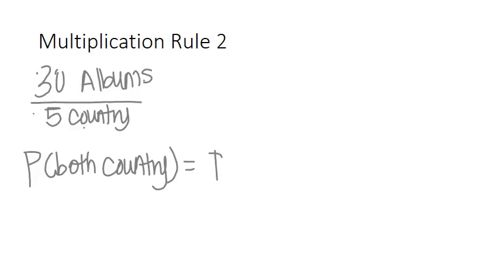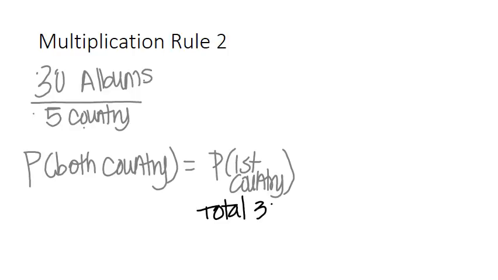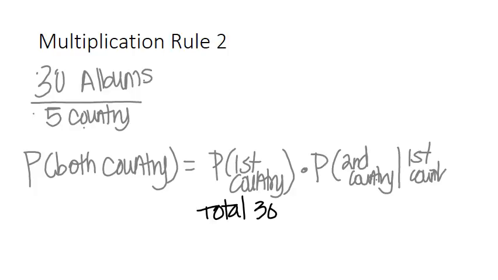So you have the probability that the first one is country, and that one has a total of 30 choices, times the probability that the second one is country, given you picked the first country one.